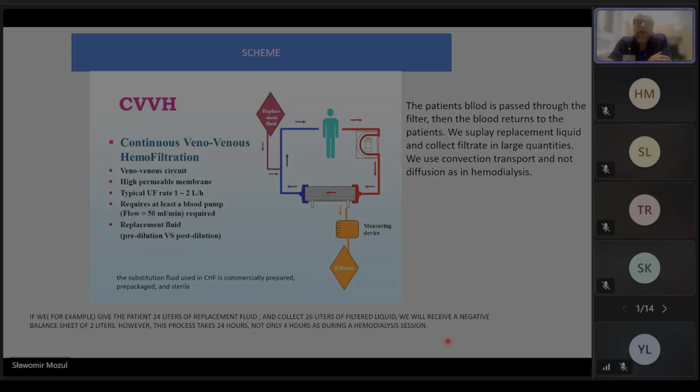The patient's blood is directed into a special filter, hemofilter, where the hemofiltration process takes place.